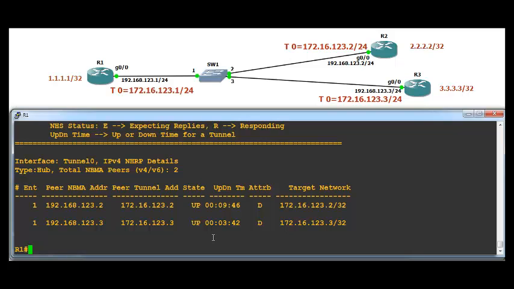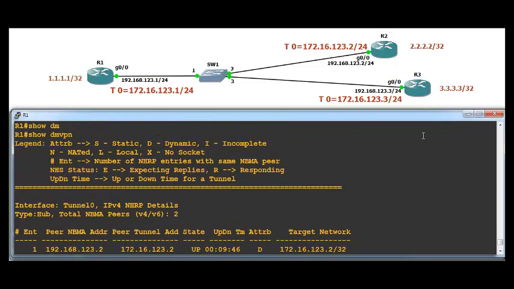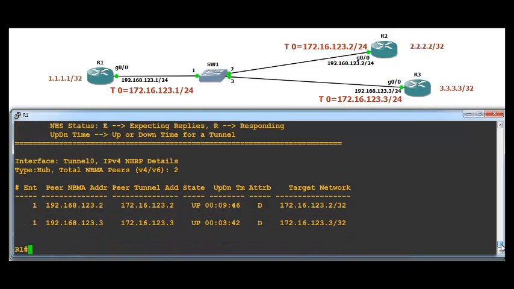This is a very superb output, you can say. But I didn't show this command in any other video before. I use only the NHRP command. That's more user friendly, but this is also nice. You see, it shows with whom the tunnel has been registered.